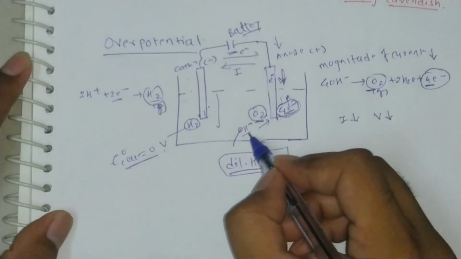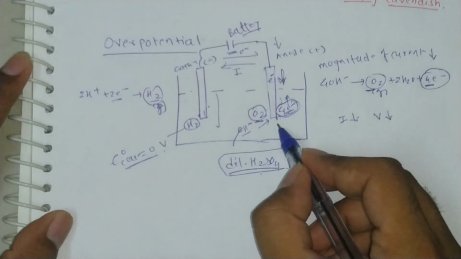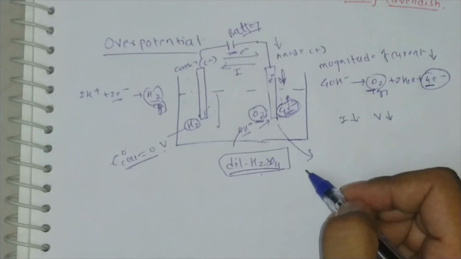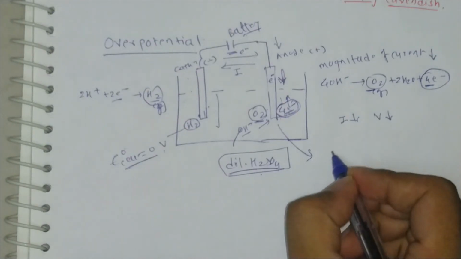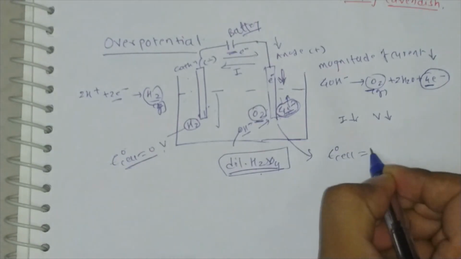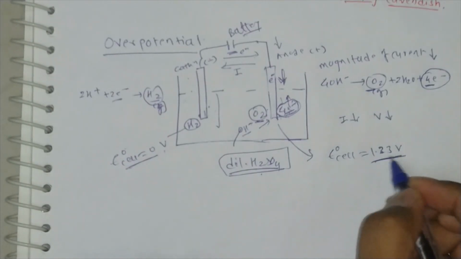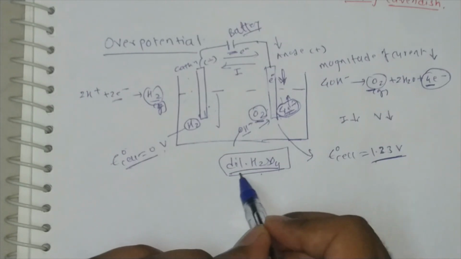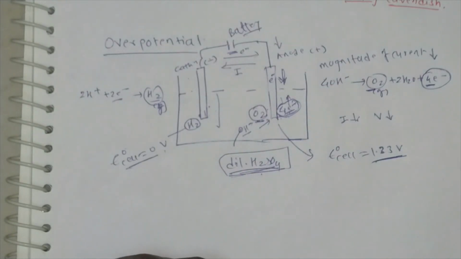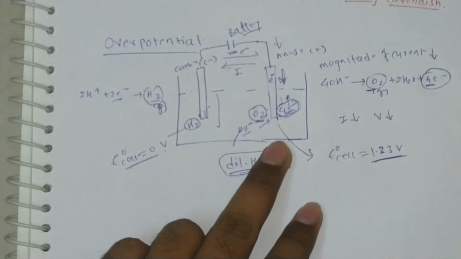Now here oxygen is generated and the theoretical potential that has been observed here is equal to 1.23 volt. This 1.23 volt is the actual potential required to carry out the electrolysis of dilute H2SO4 to form H2 and O2.